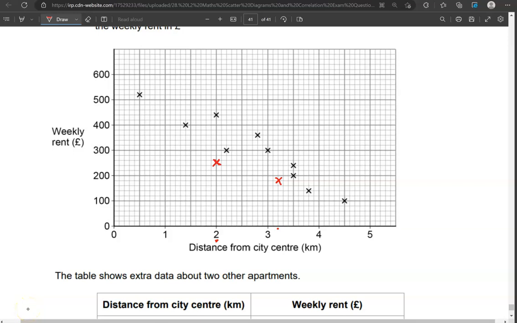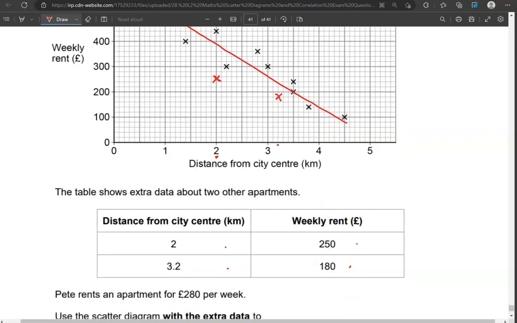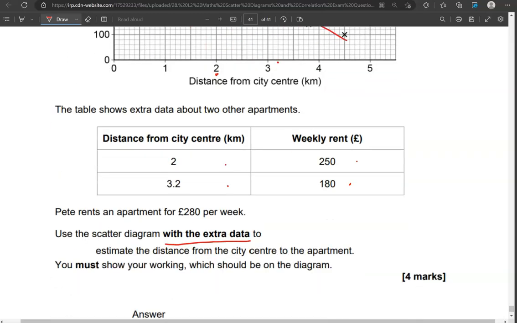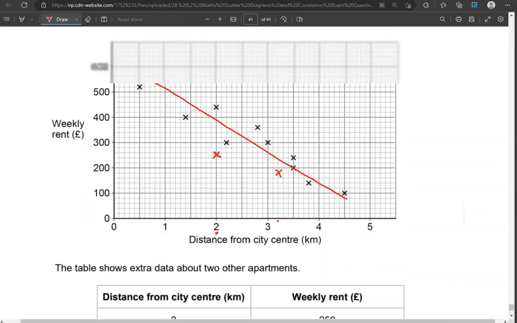Now we're going to draw the line of best fit so that we can estimate the distance for that particular apartment. So the rent is £280 per week.